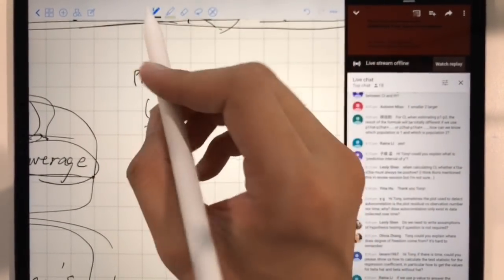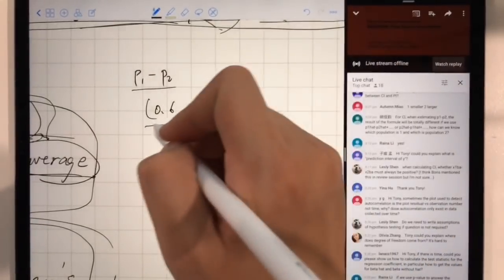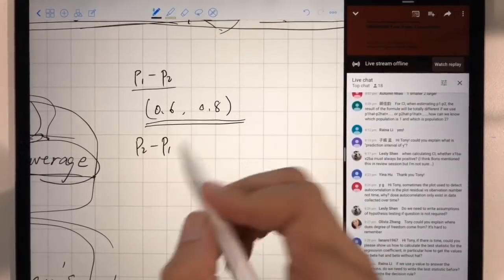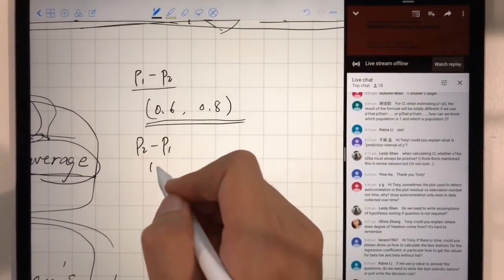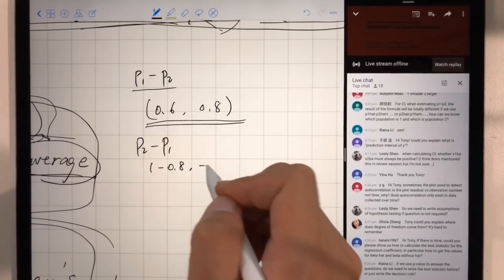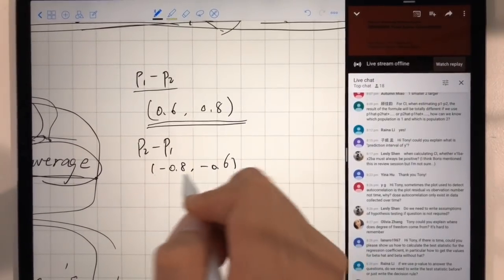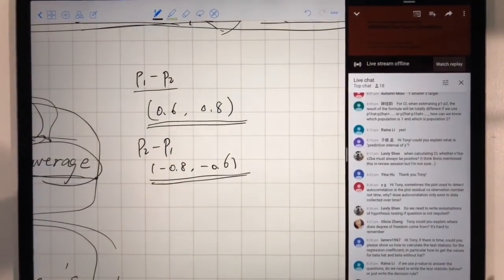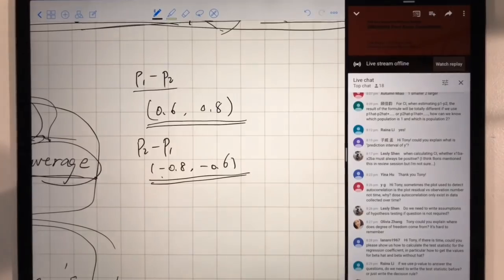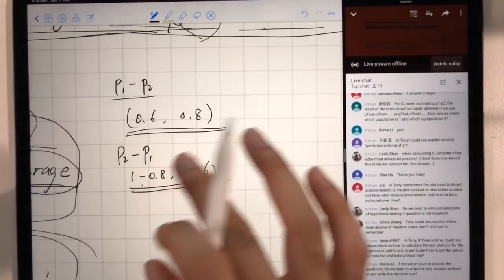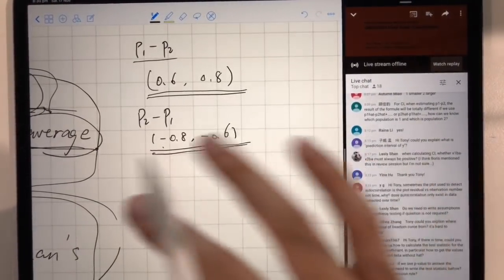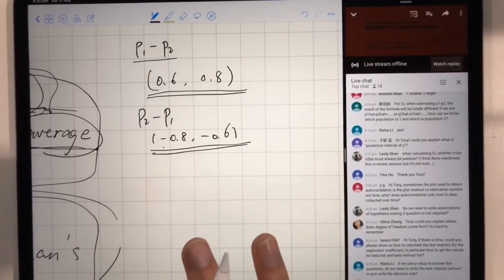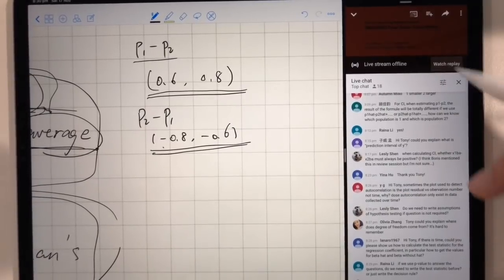Then when you estimate p2 minus p1, you must get minus 0.8 to minus 0.6, okay? So they must be the inverse of each other, I mean, with different signs, right? But anyway, hopefully you understand. If you still get a wrong answer, please go back and check your calculation. I believe you will get the same results, okay?